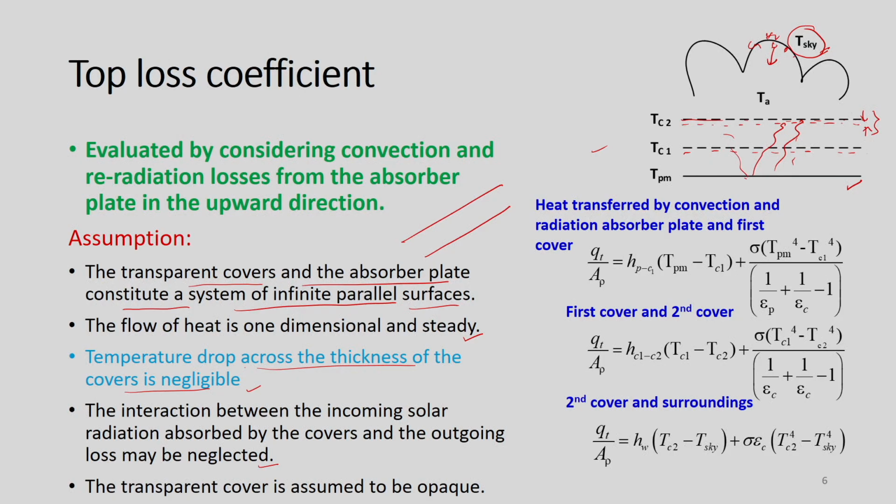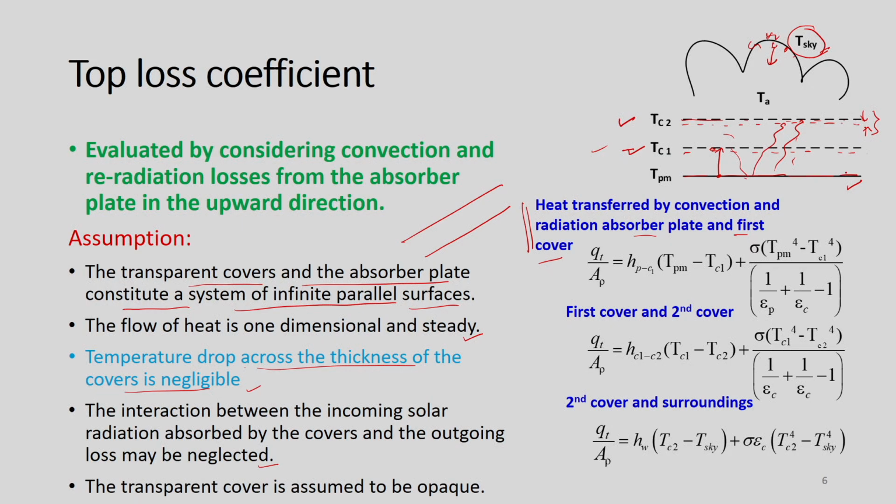Now, the heat transfer by convection and radiation between the absorber plate and the first cover, from this plate to this plate. This is heat transfer by convection and radiation from the absorber plate to the first glass cover. In this case two glass covers are considered, glass cover 1, glass cover 2, and this is the absorber plate.